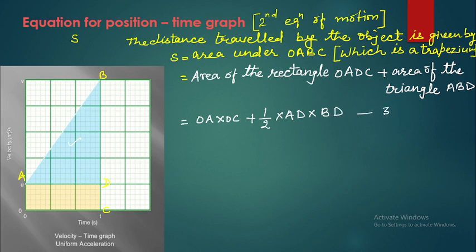Equation third. Substituting OA is equal to small u, OC is equal to small t, AD is equal to small t because OC and AD are equal, and BD is equal to AT from equation first.